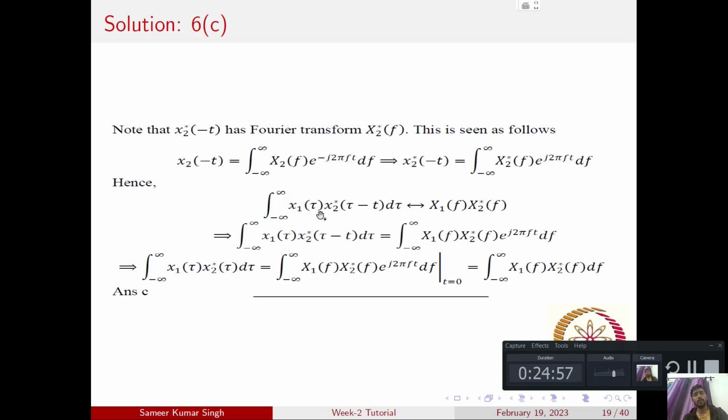That is also a new property: the integral of x1(tau) x2 star(tau minus t) gives X1(f) X2 star(f) df.